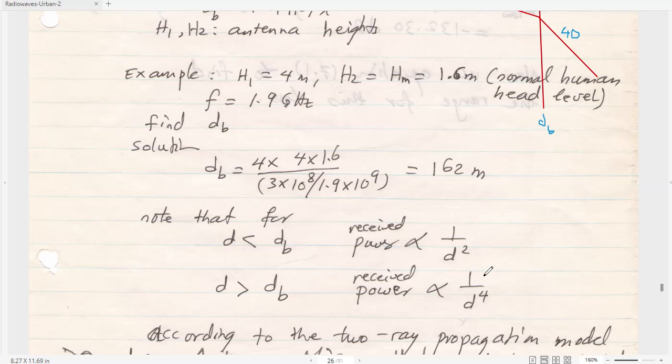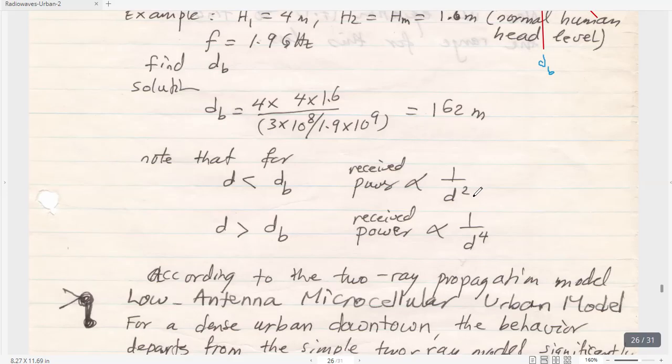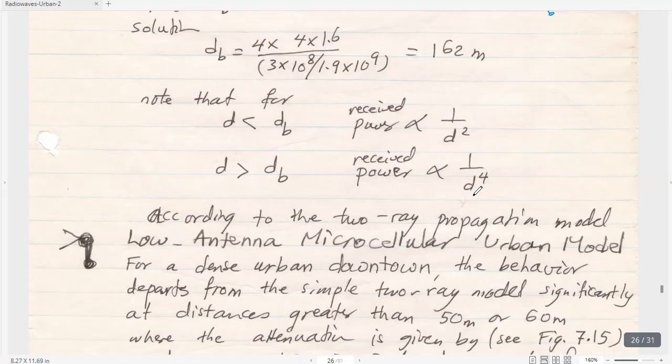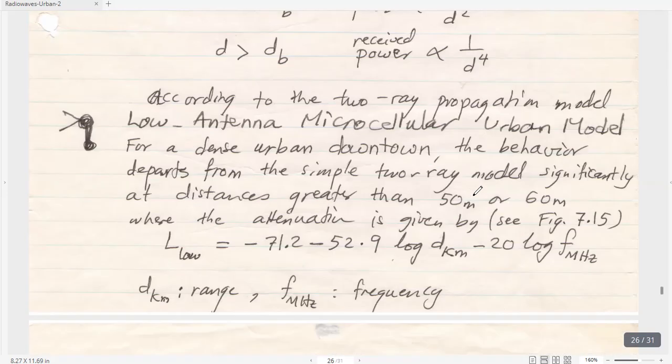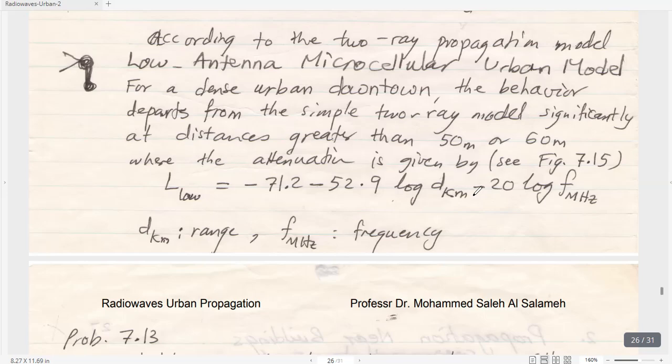Decade means that each time you multiply distance by 10, the attenuation will increase by 40 dB. And the 20 means that if you multiply the distance by 10, the attenuation will increase by 20 dB, or the signal level will decrease by 20 dB. Okay.